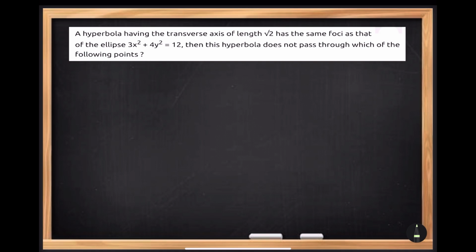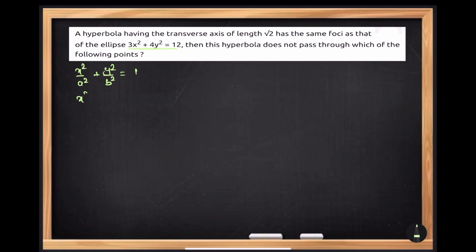Now look at the approach, how we will do this question. First I will go through this ellipse. For that we will convert it into standard form, x square by a square plus y square by b square equals 1. For that we have to divide both sides by 12.